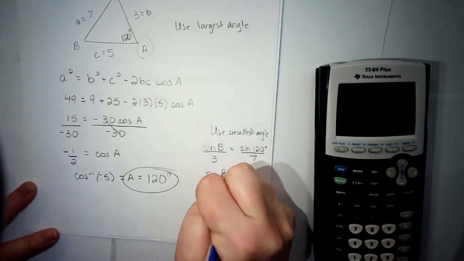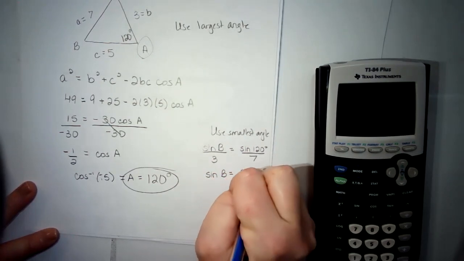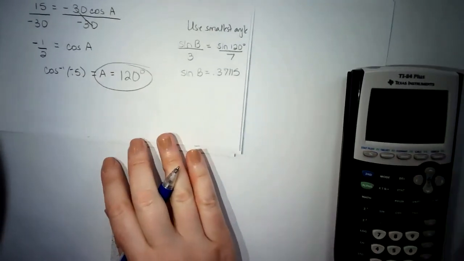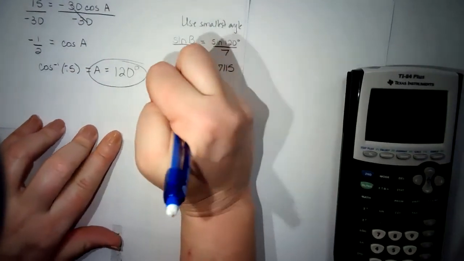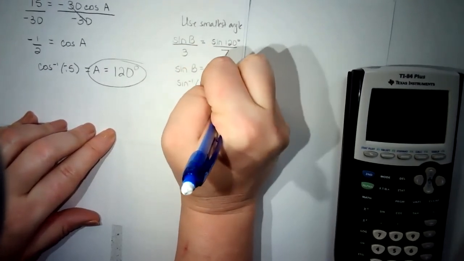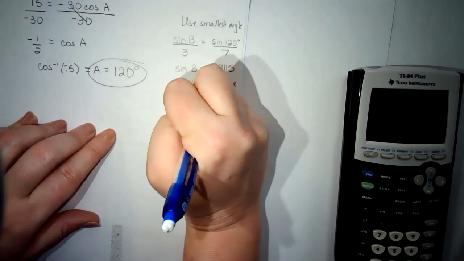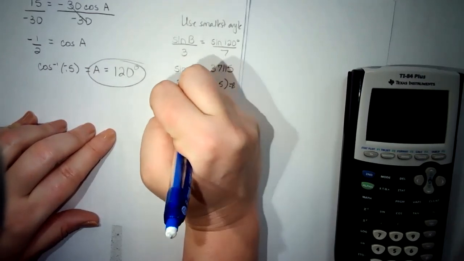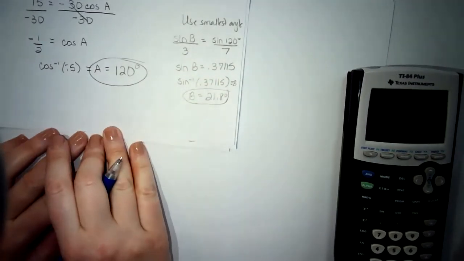That's going to give me a sine B of 0.37115. And then I'm going to need the inverse to find his angle. When I do that, I come up with 21.8, little tiny angle.